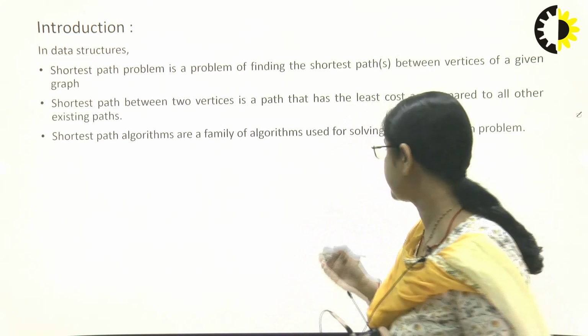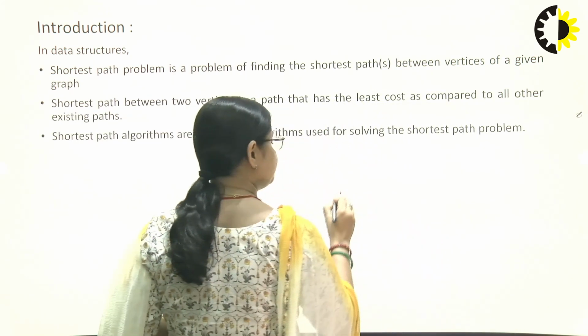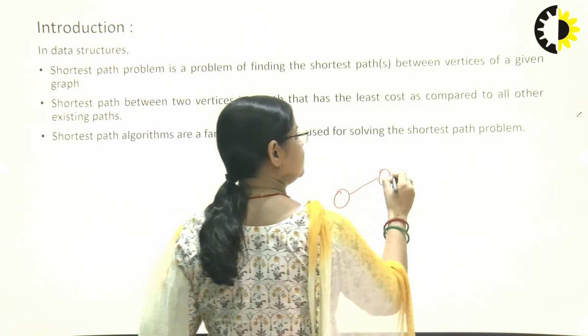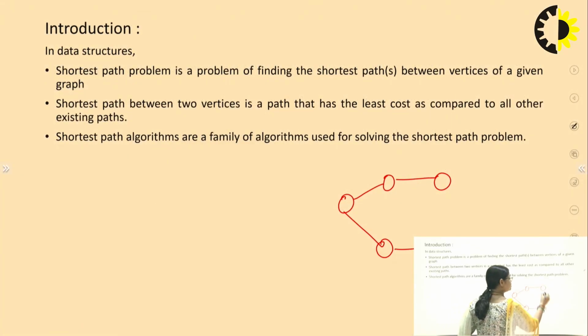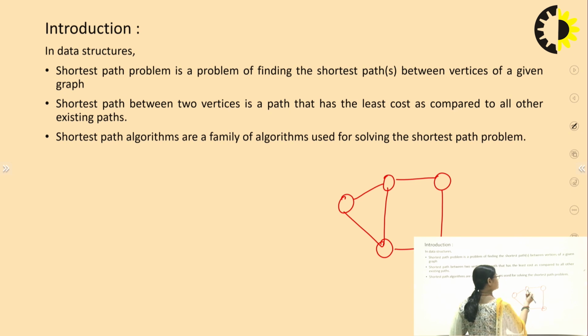For example, if we see these nodes, they are connected like this, right? If this is a source node and this is a destination, then what will be the shortest path? It depends upon the weight, or you can say the cost, or here the distance is given.